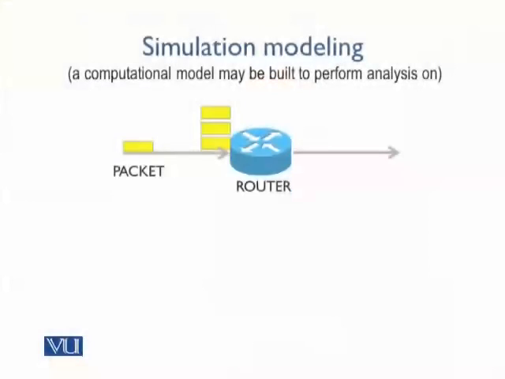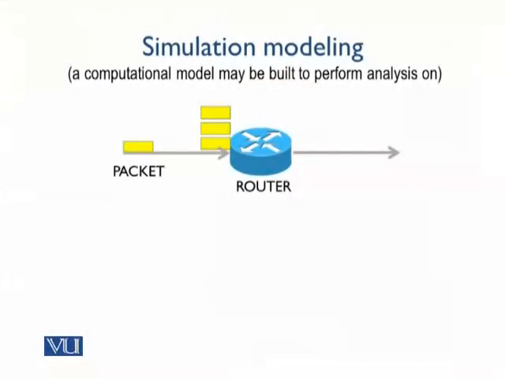And then we perform our analysis on the basis of this approximation. So it's important to realize analytical modeling is quick, but it is also approximate. So if our goal is to find quick approximate answers, analytical modeling would be very appropriate.